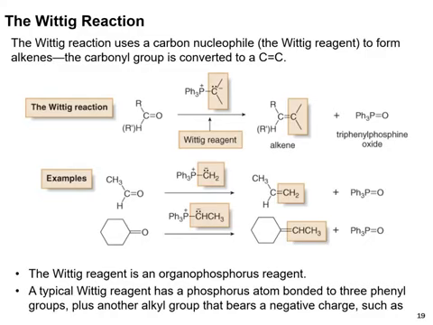Next is the Wittig reaction. The Wittig reaction uses a carbon nucleophile to convert a carbonyl into an alkene. In this reaction, the carbonyl compound is converted into an alkene through the Wittig reagent, which is also called an ylide. Below are examples of the Wittig reaction.